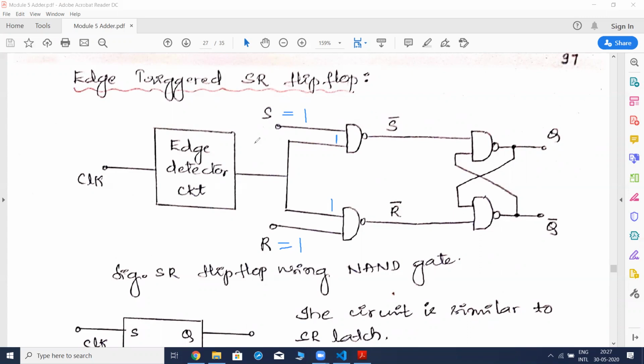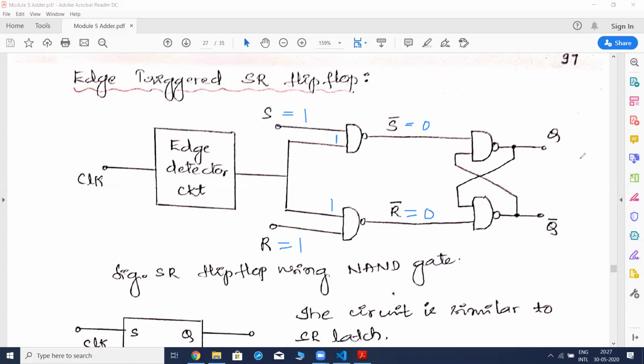When both the inputs are 1, we'll get S bar as 0, and R bar is also 0. So when both of them are 0, what happens? It will force both the outputs to be set.